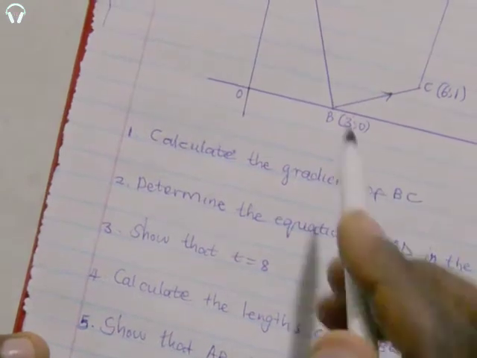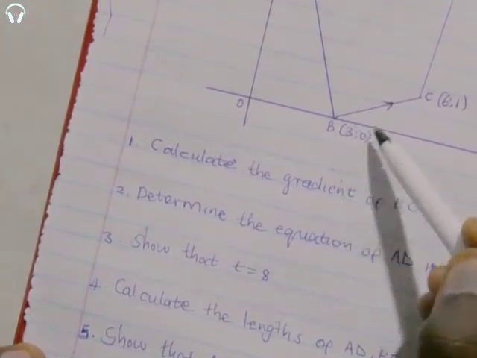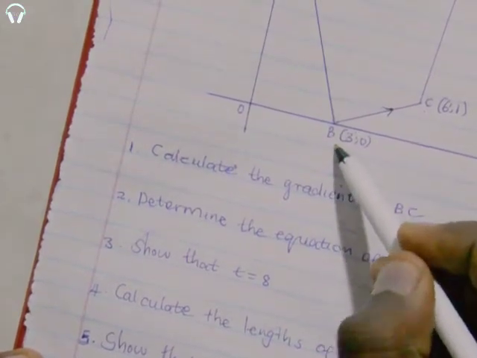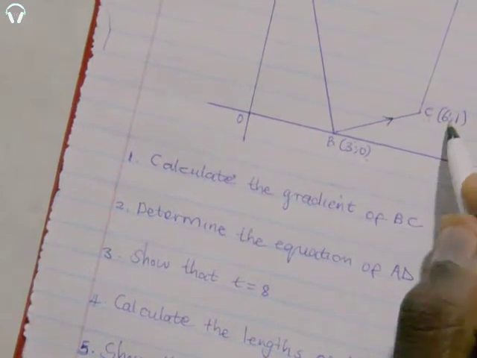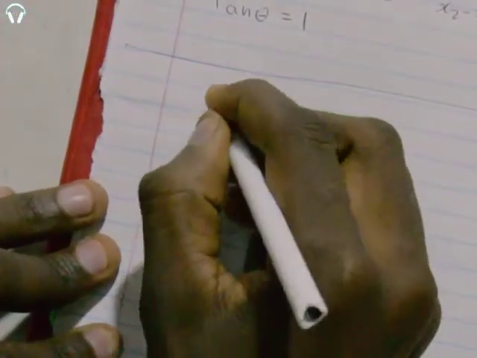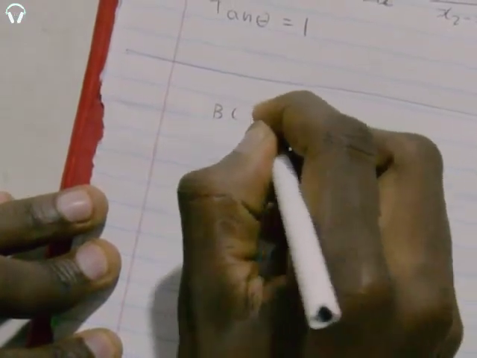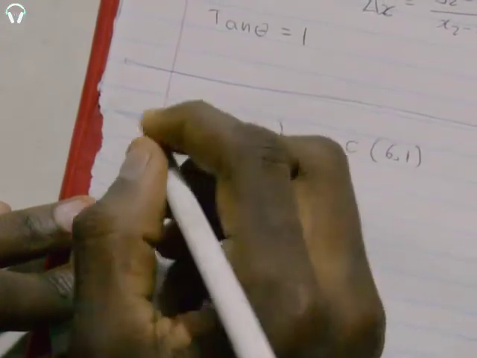The gradient of BC, in this case, we're going to use point B and point C. Point B has coordinates 3 and 0, and point C has coordinates 6 and 1.